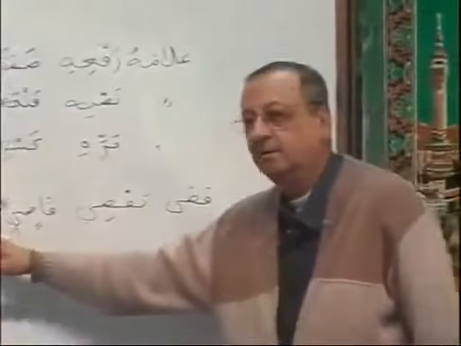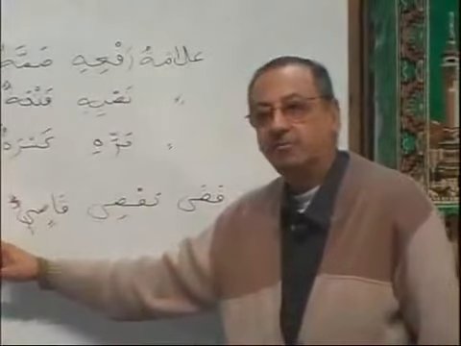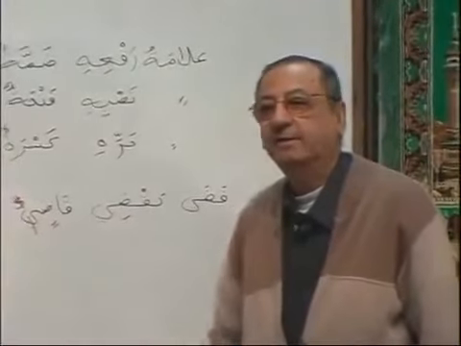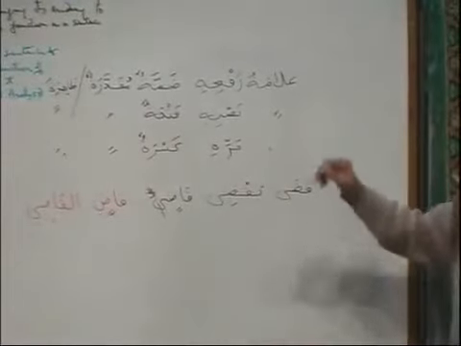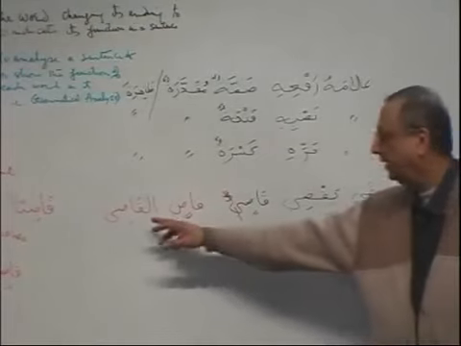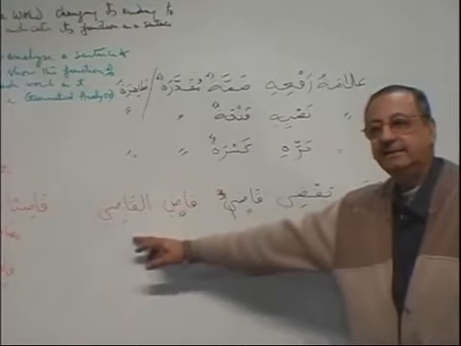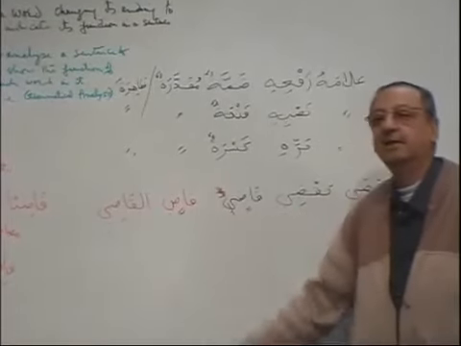So when the qadi, brother and sister, is marfu, we say, alamatu raf'ihi ad-dammatul muqaddara. But that will be for qadi. Because you can see the ya.